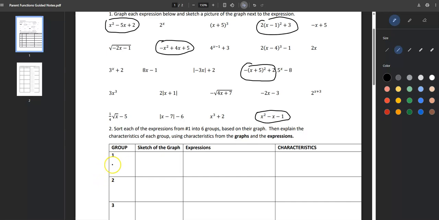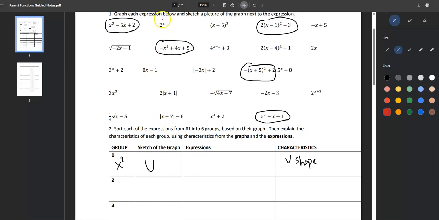So we're going to call this first group my x squared, and we're going to form this U shape. And again, all of those that are in black are going to form this. Again, I have a U shape here if you want to have that be your characteristic. And it's all these black ones that I've circled here.